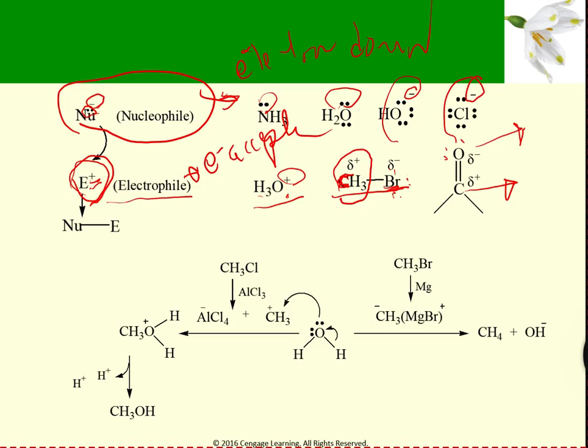Let's take an example here and apply the concept of nucleophile and electrophile. In this case, we have the reaction of CH3Cl and AlCl3, which forms AlCl4 minus and CH3 plus.